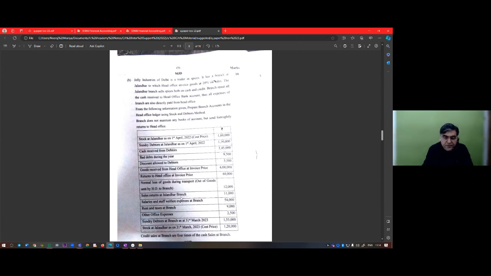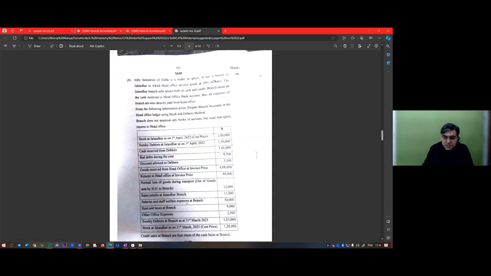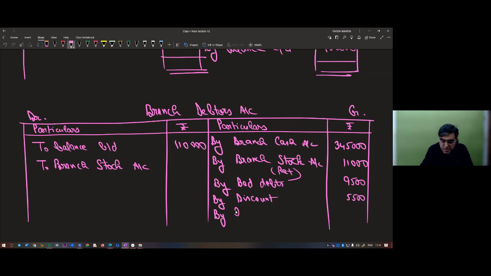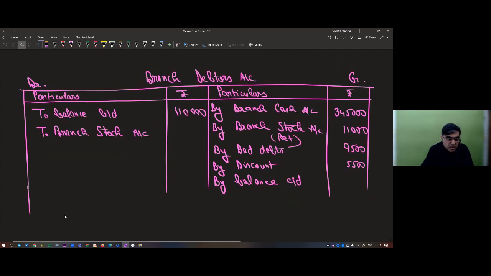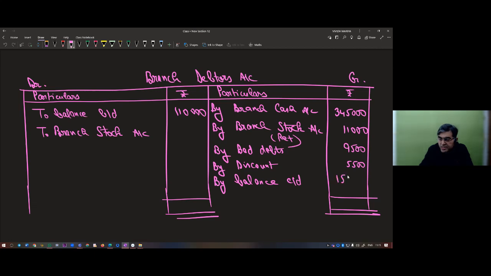Sales return are 11,000. Closing debtors are 1,55,000.